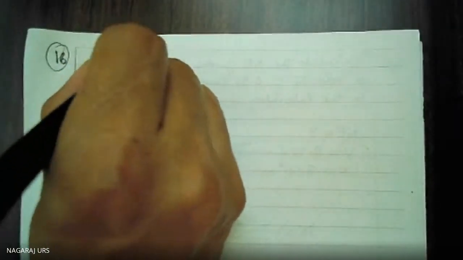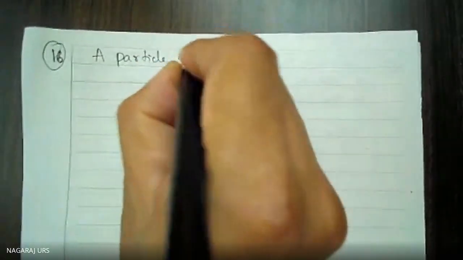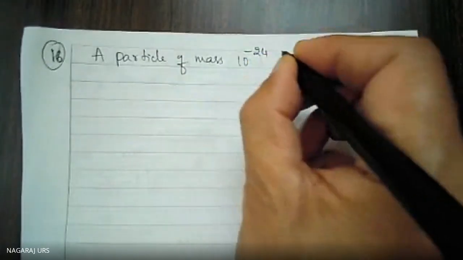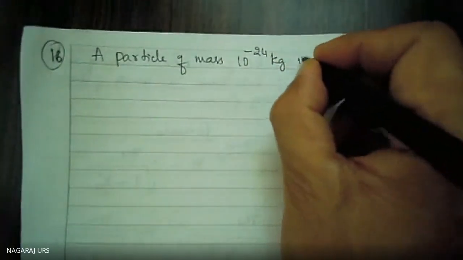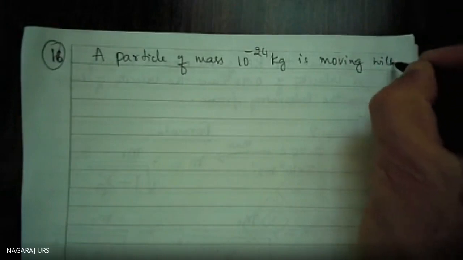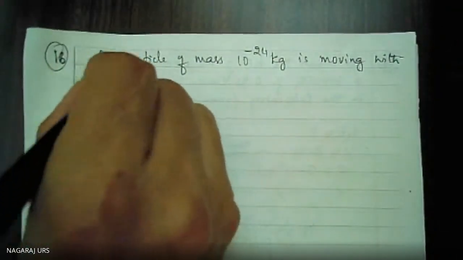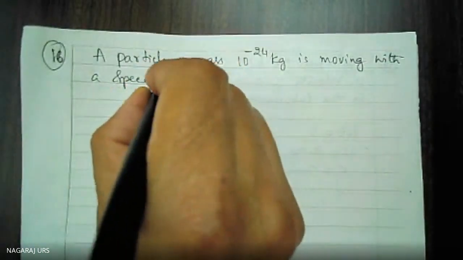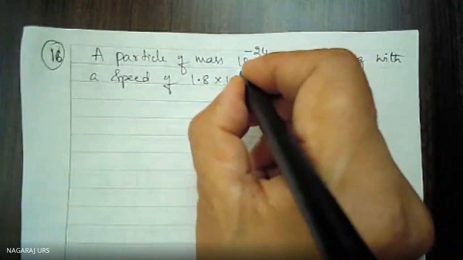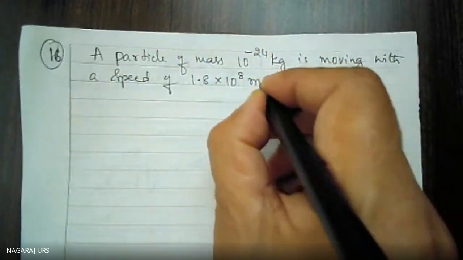Okay, next question, you write it. Question number 16. A particle of mass 10 to the power minus 24 kg is moving with a speed of 1.8 into 10 to the power 8 meter per second.